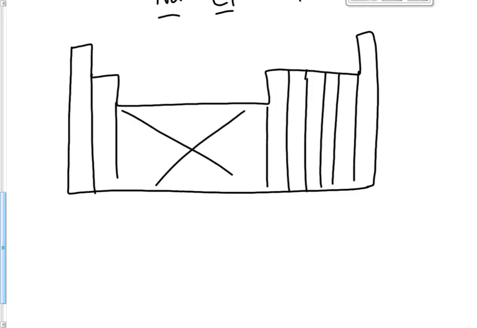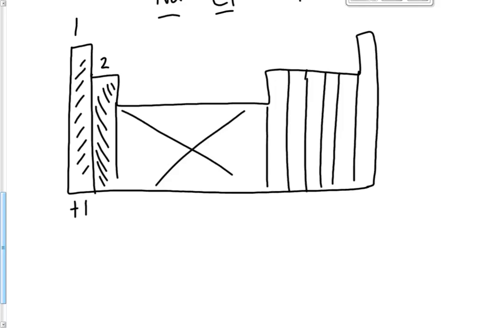First thing we're really looking at in basic ionic compounds, we're only going to look at the simple charges. So everything in this first column, remember, has one valence electron. Because it has one valence electron, it's going to get rid of that one valence electron and create a +1 charge.